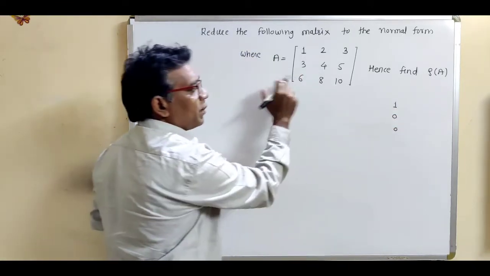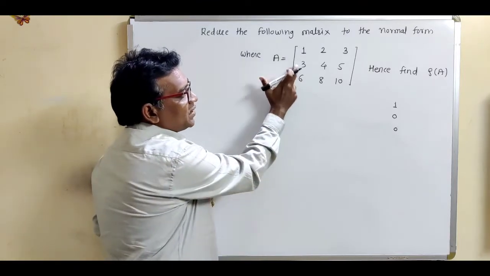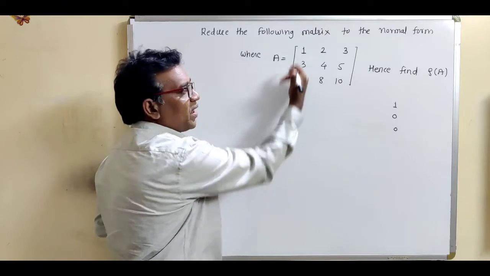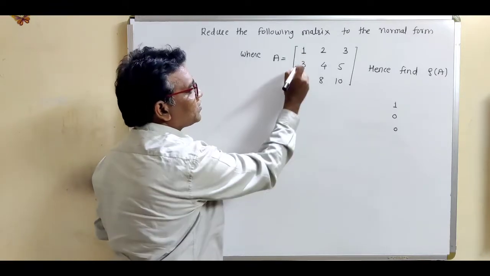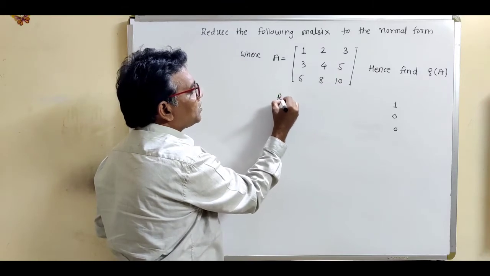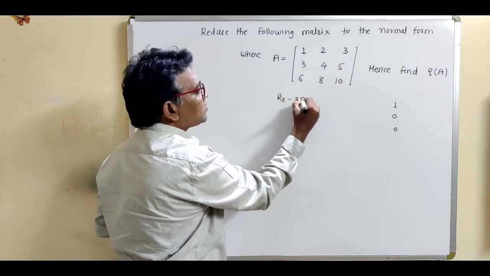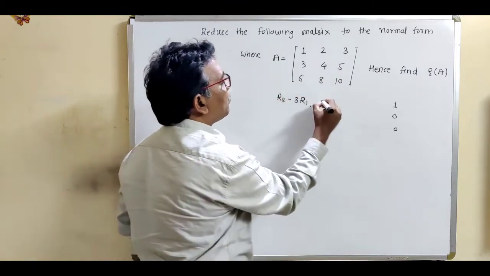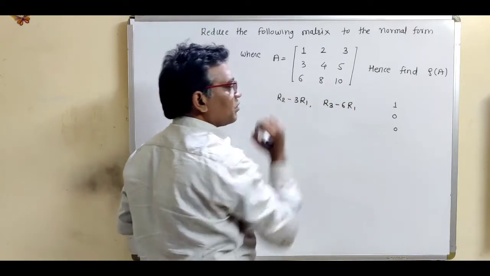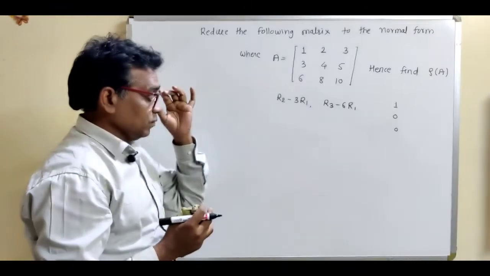There are 2 elements, so make these 2 elements 0. For the lower elements, just use the row operation. So use the operation R2 minus 3R1, and the next operation, R3 minus 6R1.